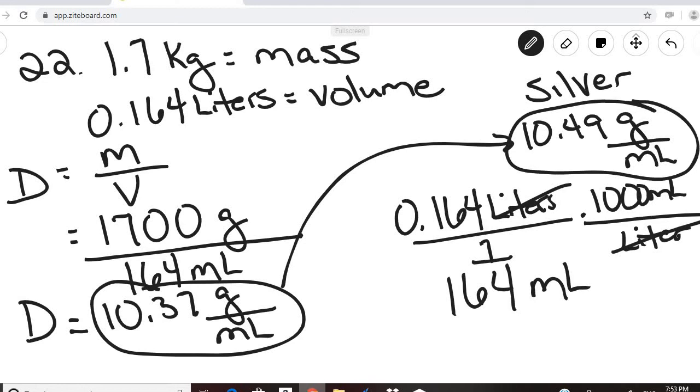Okay, so this is a case where significant figures are noticeably important. So if we look here, the 1,700 has 2 significant figures, and the 164 has 3. So that means we can only report our answer to 2 significant figures.